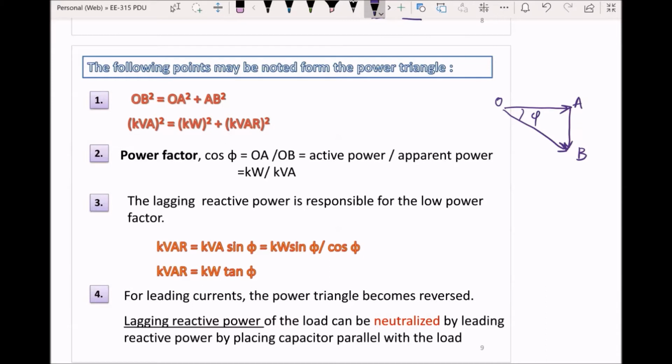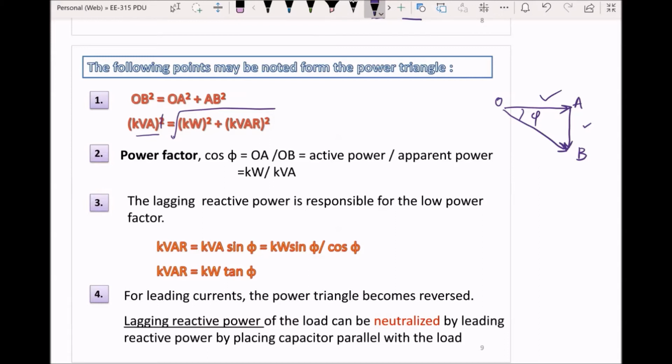By taking the square root of the sum of the squares of OA and AB, using the right angle triangle, we can come up with the value of the apparent power, which will be in kVA.